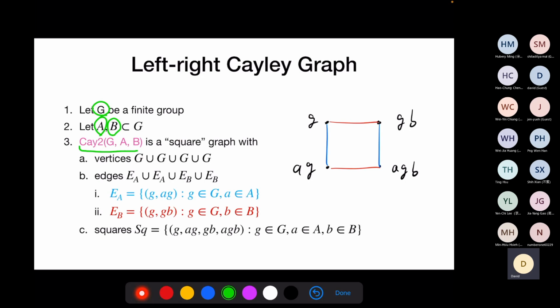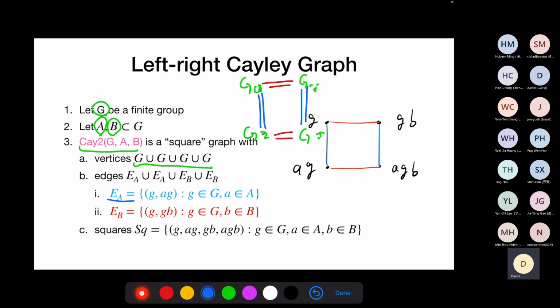This graph has vertices; there are 4 copies of G. So you have G, G, G, and G. Now the edges: there are 4 sets of edges, running horizontally and vertically. These blue ones will be the vertical ones.